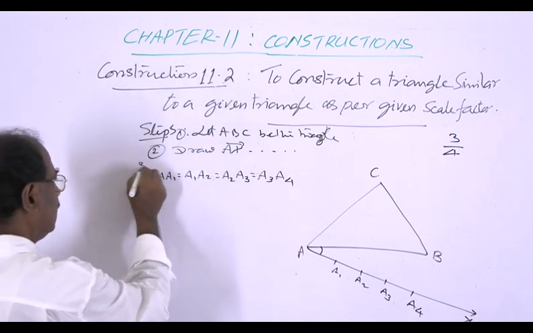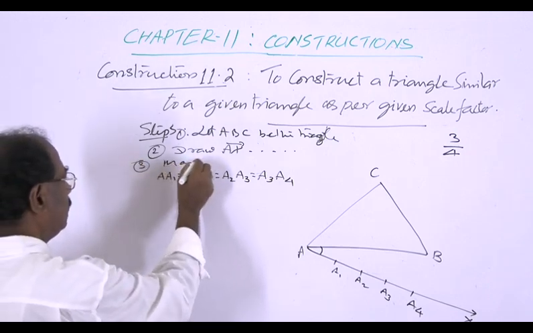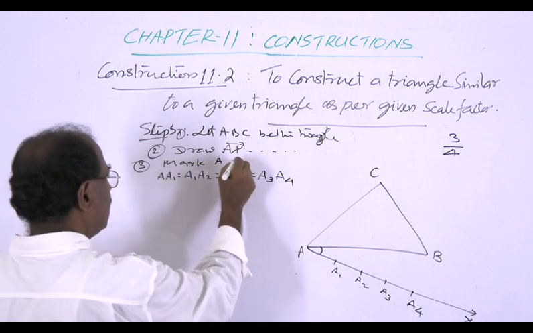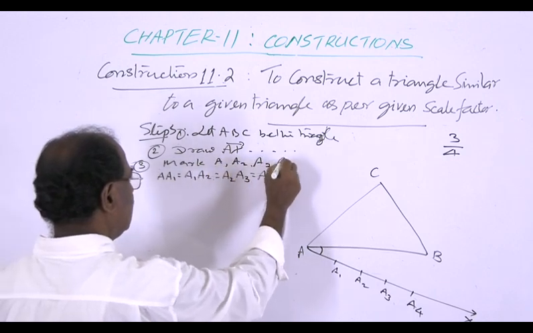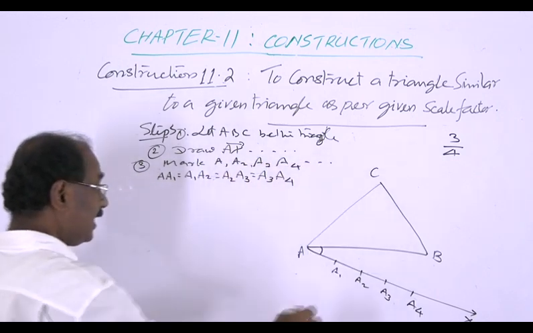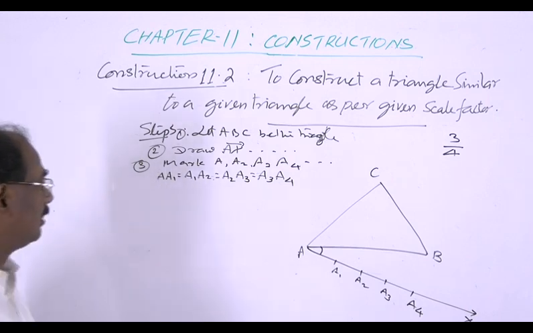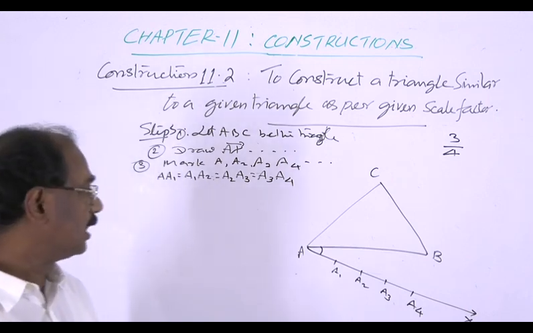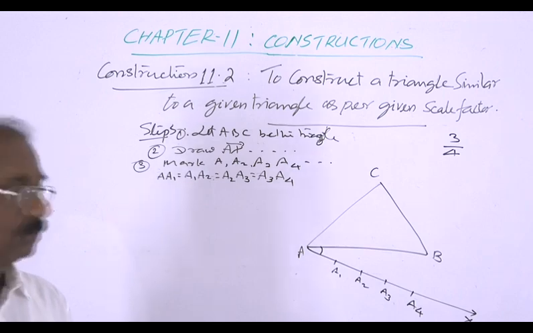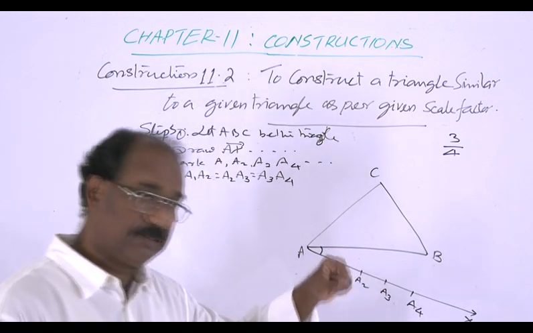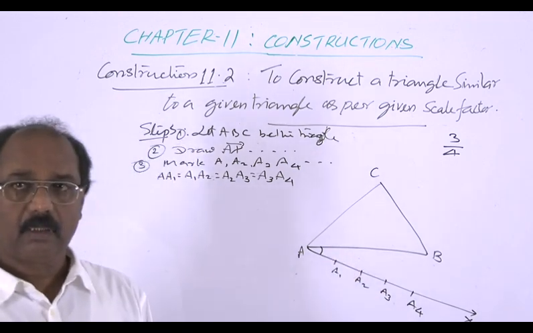Step 3. Mark A1, A2, A3 and A4 on AX such that A1A2 equals A2A3 equals A3A4. So mark these points in this way.